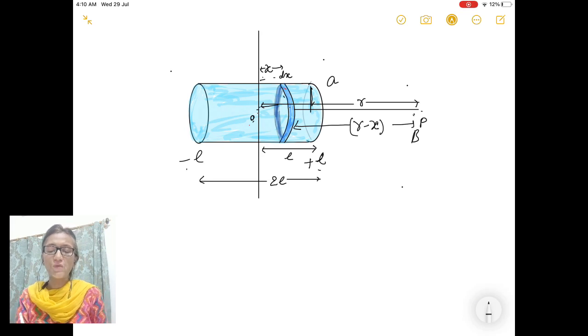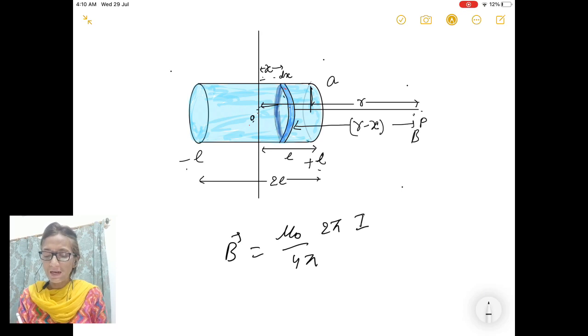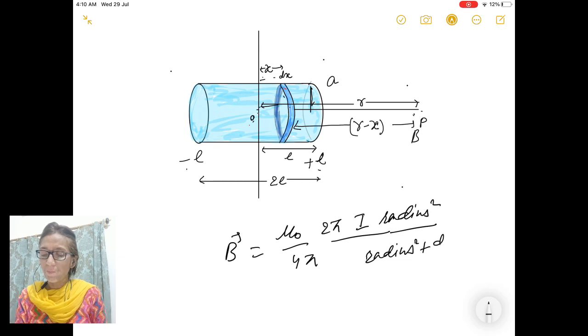We know that magnetic field due to a circular loop is given by B is equal to mu naught upon 4 pi, 2 pi I, current flowing through the circular loop, into square of radius of circular loop, divided by radius square plus distance square whole power 3 by 2 along the axis.